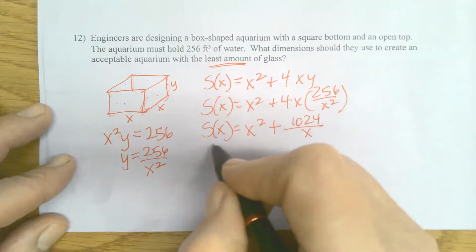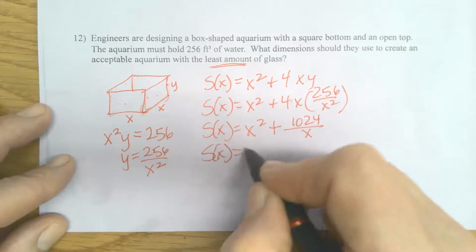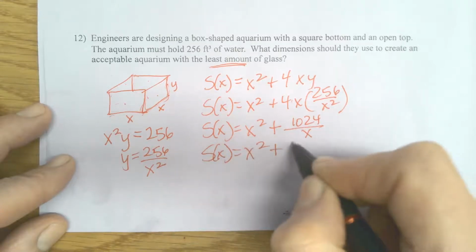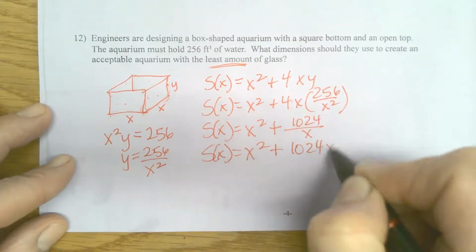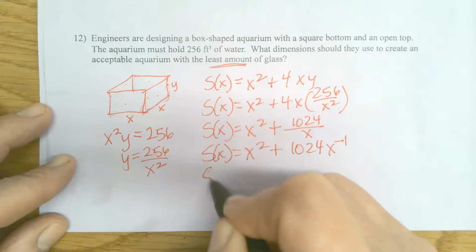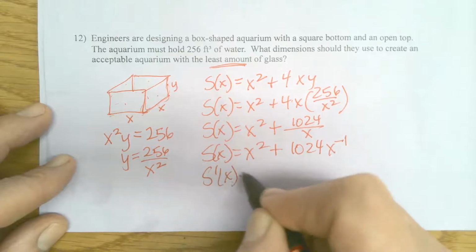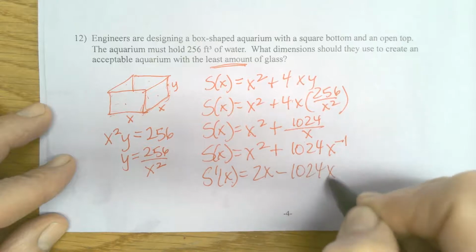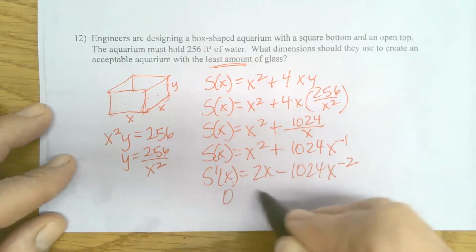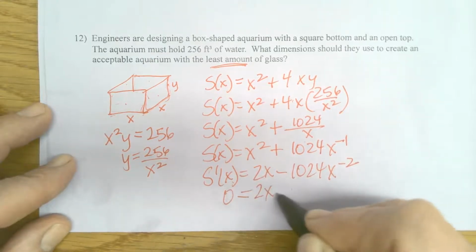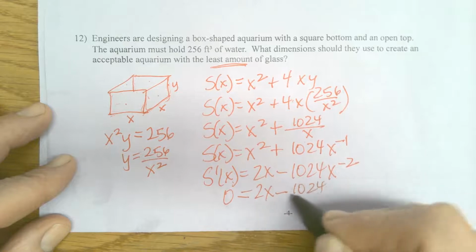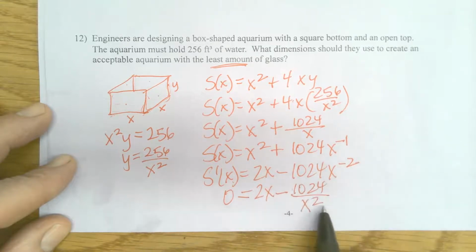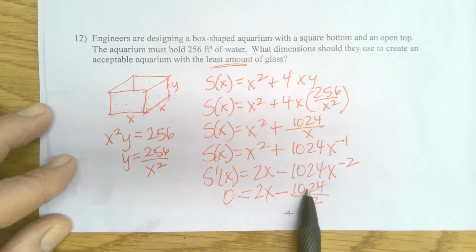I don't like to do my derivative with that x in the denominator, so I'm going to rewrite that with a negative power, and then I can do my derivative. Set it equal to 0. Because I'm solving here, it's easier to take a derivative with a negative power, but it's much easier to solve with it in the denominator. So these are equivalent statements.